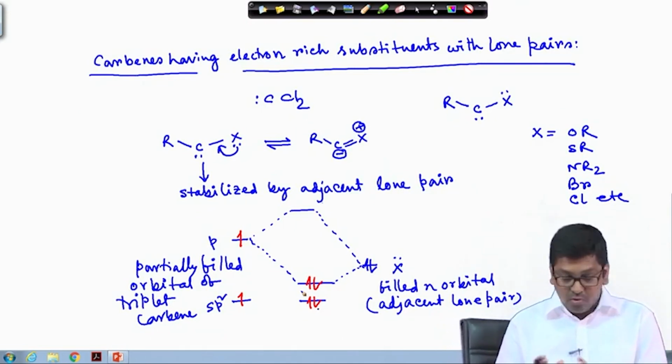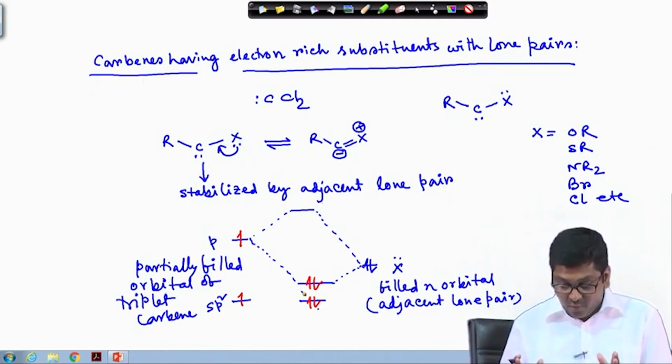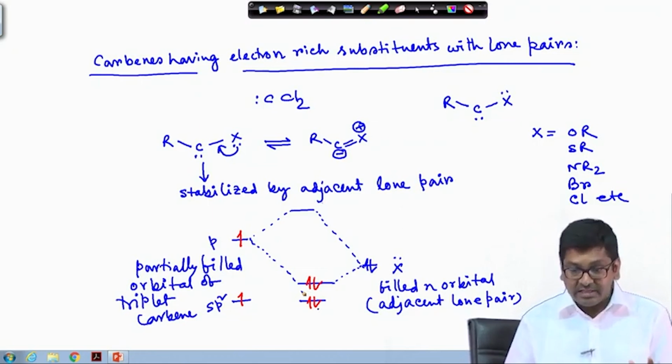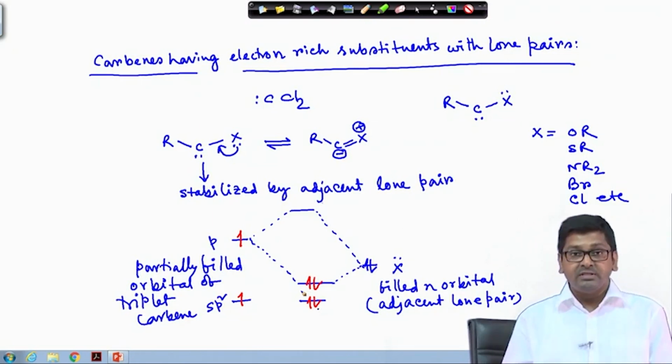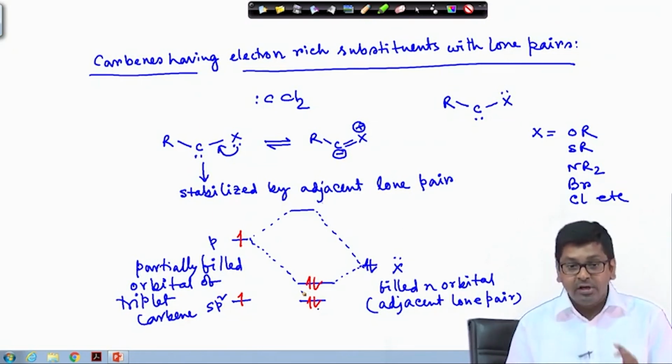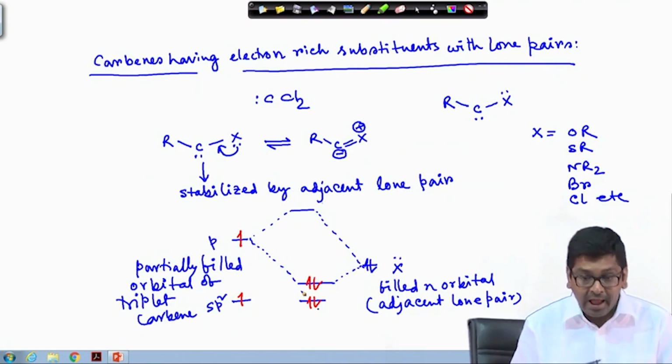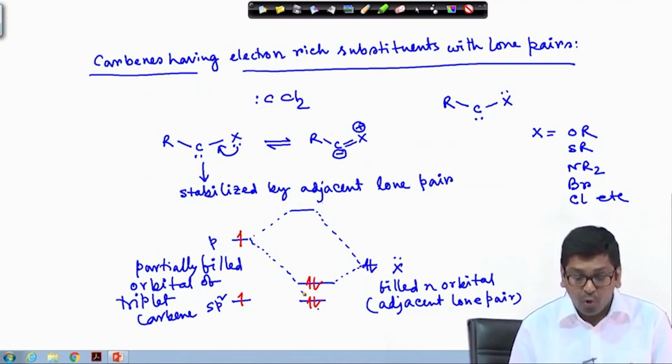Clear? So, the overall view of this particular type of carbenes is that when there are sigma electron donating substituents, then that is actually lowering the gap between the sp2 and p. So, overall the energy difference between them is decreasing, and as a whole it remains as a triplet.